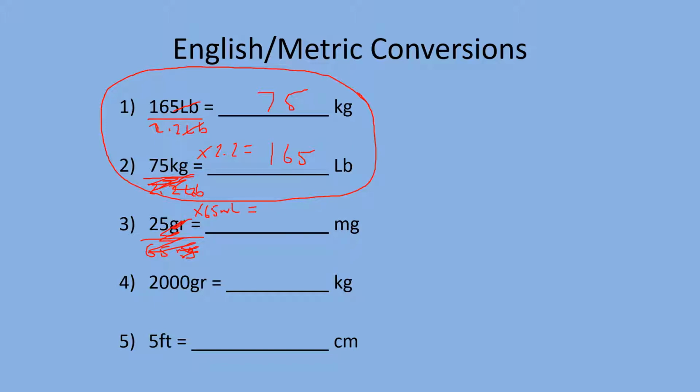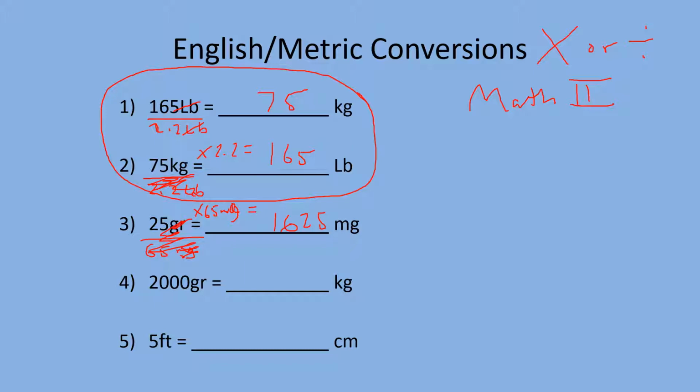If you're still in doubt about when to multiply or when to divide, go back and view Math 2. 25 times 65 milligrams is 1625.